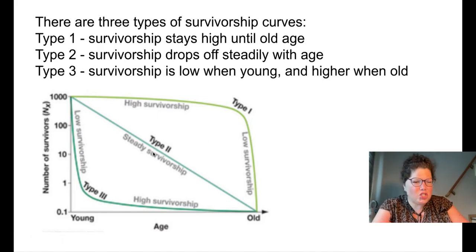Type 2, I think oysters are a great example of this. Not as many babies as what trees have. And once they have a shell, they normally do a great job surviving. So this is kind of what we call a steady survivorship. It's a steady drop off. We kind of see the same rate every year, every increment in our lifespan, we see the same amount die.